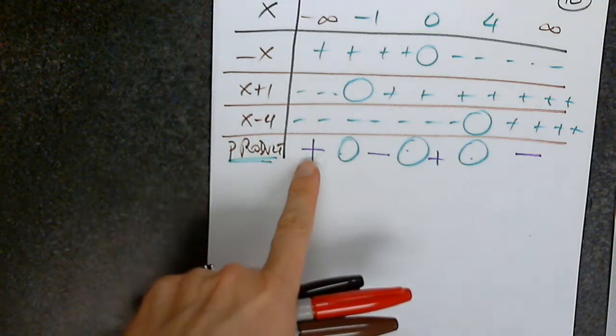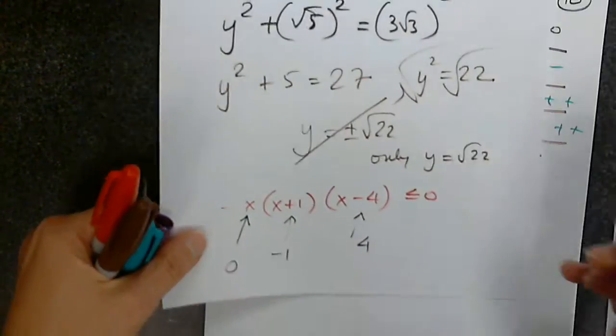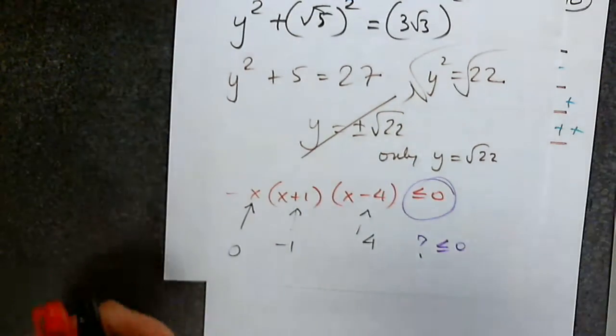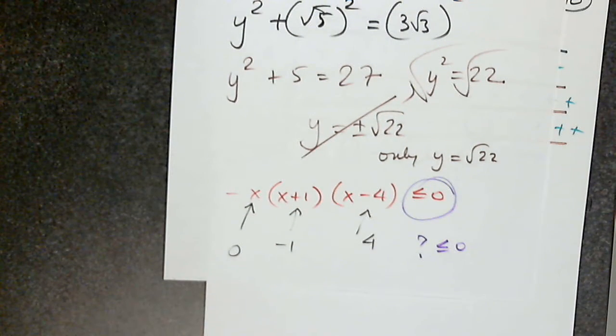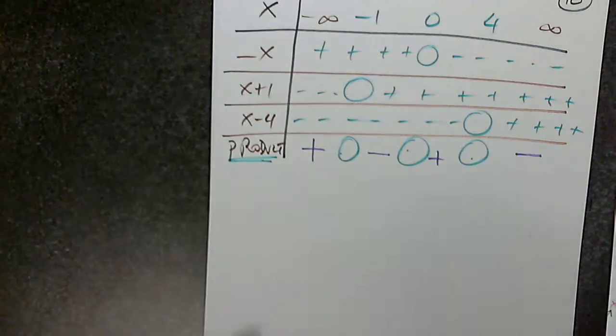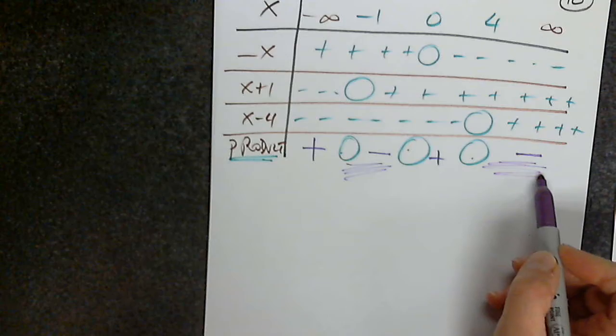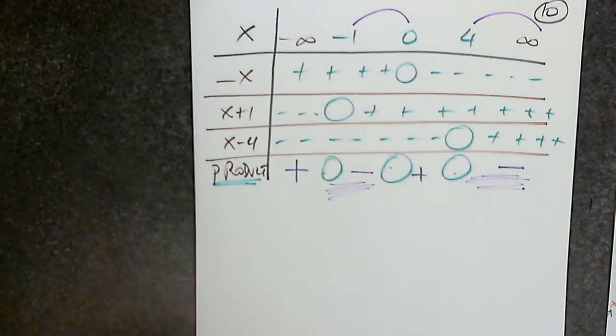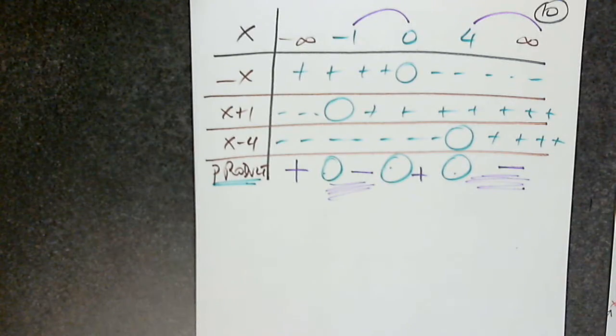I know exactly when the product is positive and negative. But now I'm asking myself, which sign do I pick? Which sign is less than or equal to 0? Negative. So is the product ever negative? Yes, right here and right here. But I'm interested in what x should be for the product to be negative.